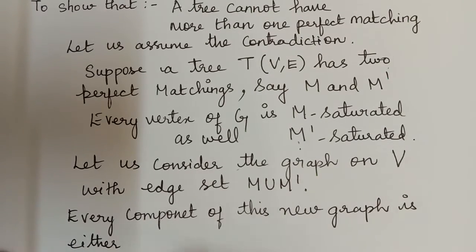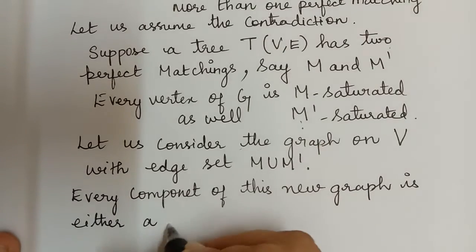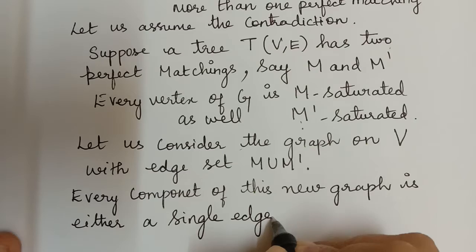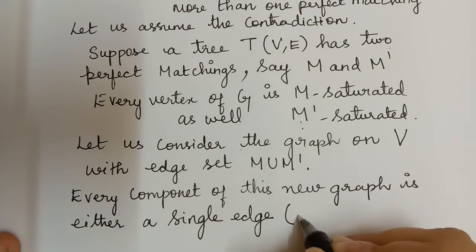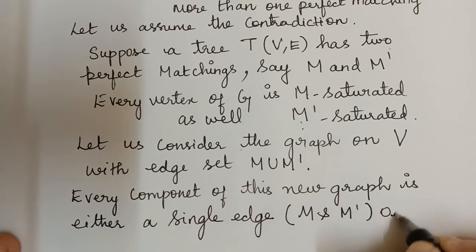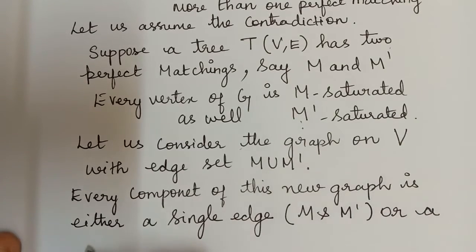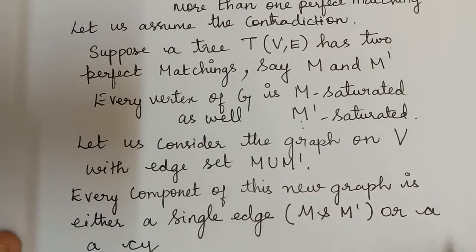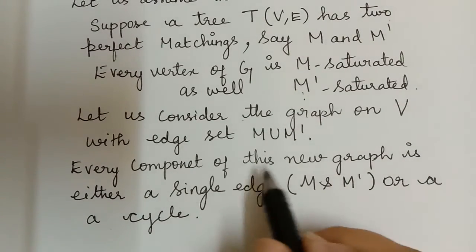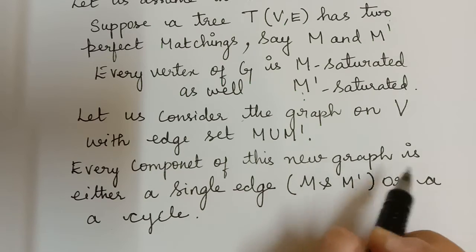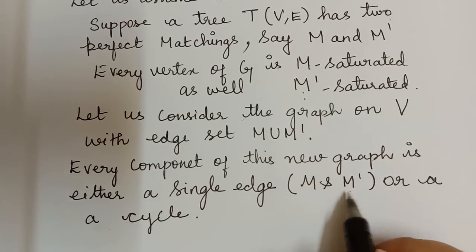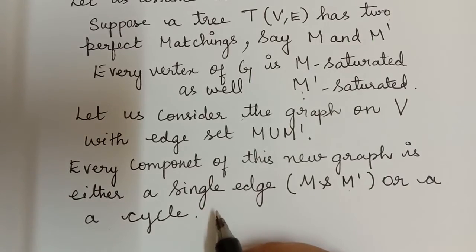will be either a single edge. If it is a single edge, it will be common to both M and M dash. Or it will be a cycle. So every component of this newly formed graph will be either a single edge which is common to M and M dash, or it will be a cycle.